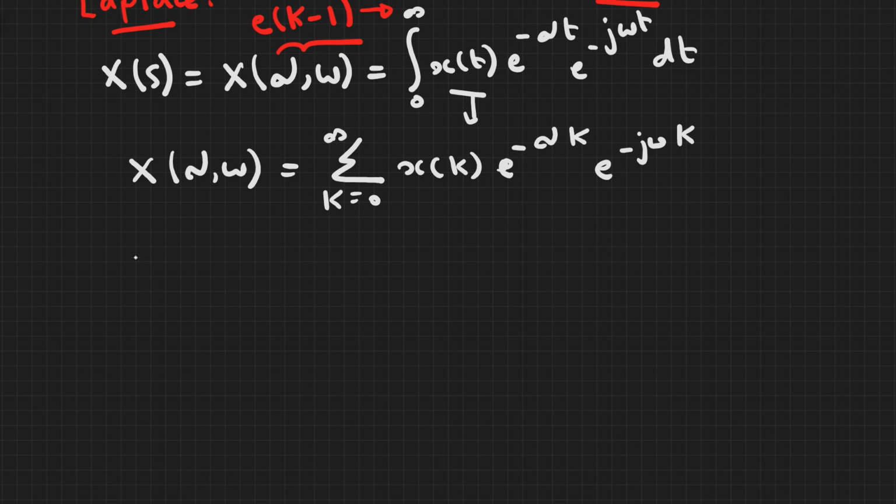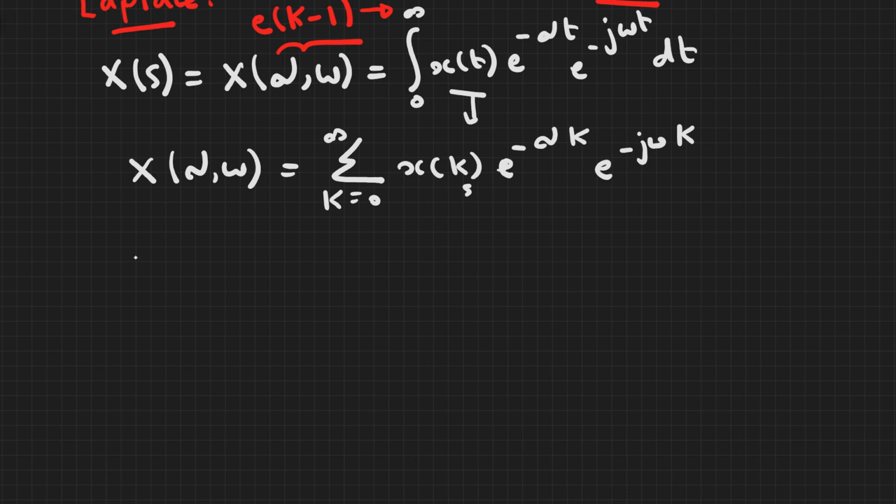In this equation, what we have done is just try to discretize the equation of the Laplace transform and use the discrete index k instead of the continuous time index t.